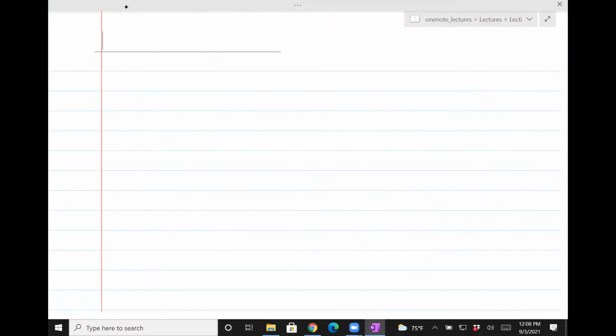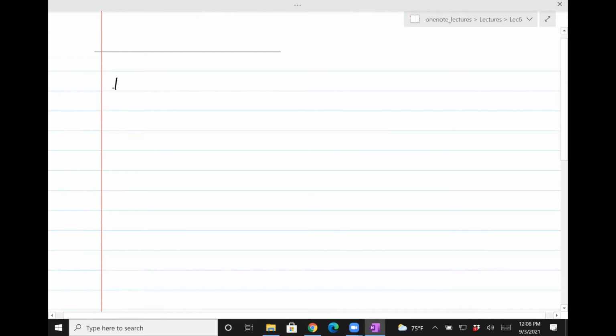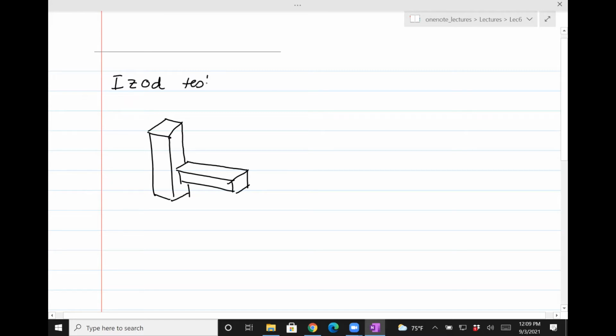So this is how the specimen looks in the case of the Izod test. Let's have the specimen vertical, and then that specimen is held in place by a vise.